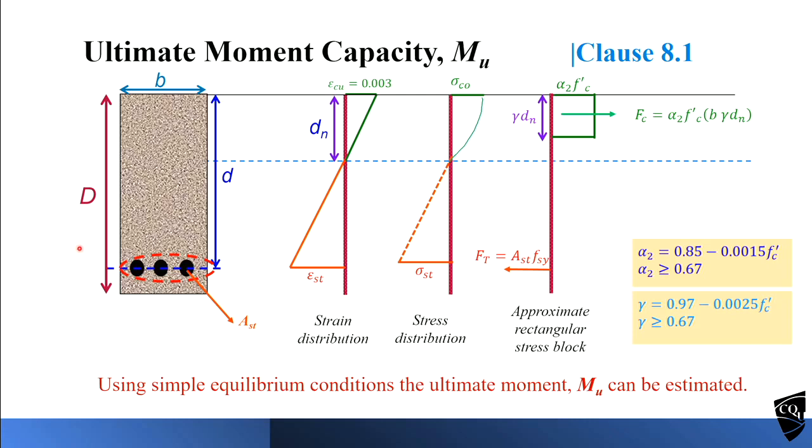Give me a second. Can you see? So below the neutral axis, you don't have any strain in the concrete, but the steel can take the tensile force, so there will be a tensile stress in the steel, and the compression stress in the concrete is something like that. It's a parabola.